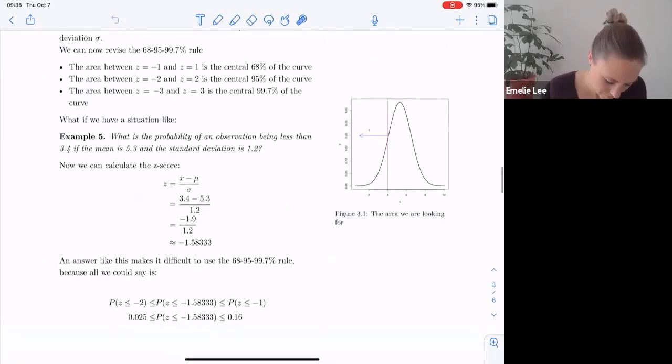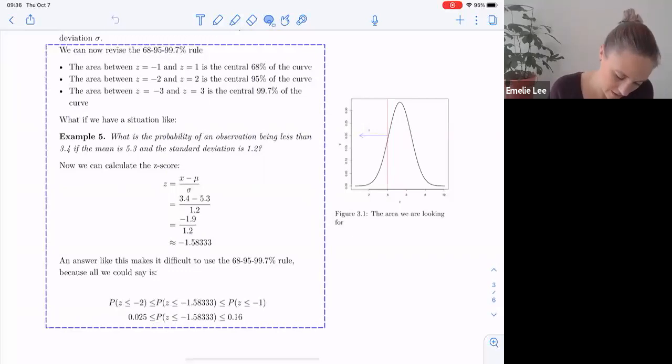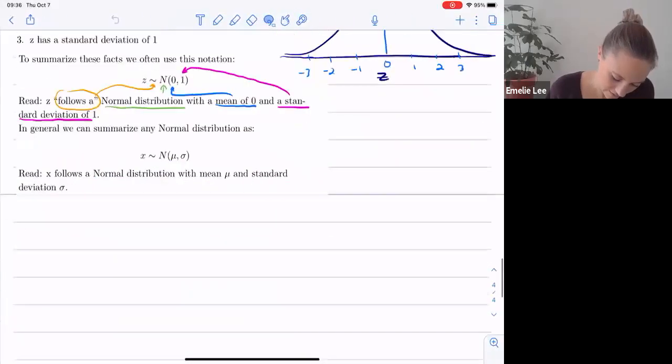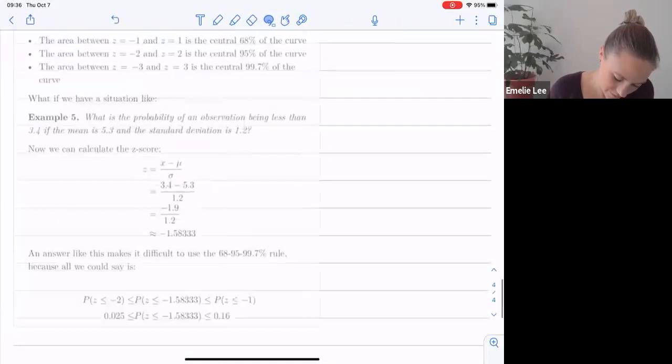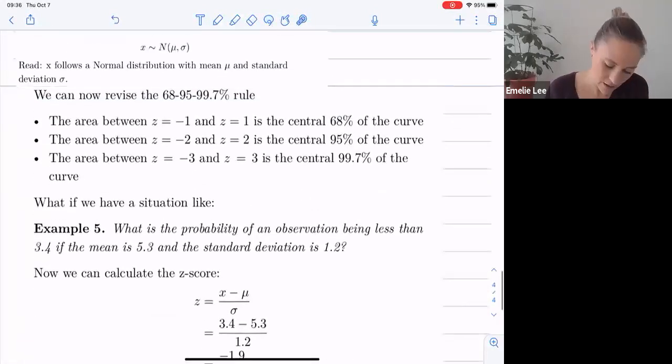We'll draw our own. I know I drew that one, but that was a long time ago. So let's bring this in here. So what we can do, right?